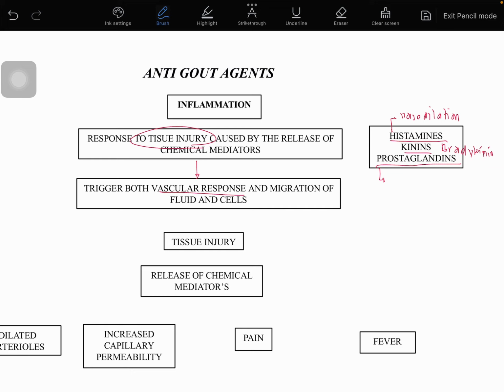And always remember, class, the process of inflammation is just a protective mechanism of our body, in which our body attempts to neutralize and destroy the harmful agents involved in the inflammation, and at the site of injury, our body establishes tissue repair. This is just a protective mechanism of our body.